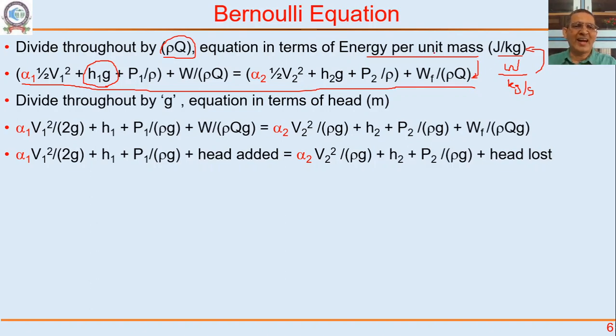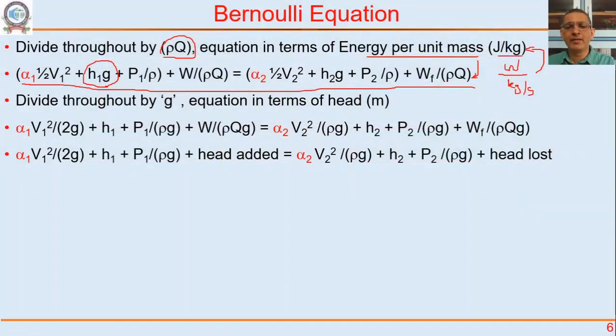Now, when we talk about potential energy, we talk in terms of height. It is very easy to understand that if the object is at 5 meters, potential energy corresponds to 5 meters, rather than saying that it is 5 into 9.81, almost 50 joules per kg. That's very weird to think about.